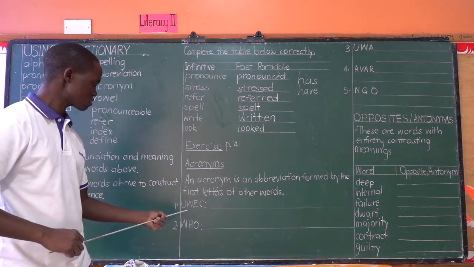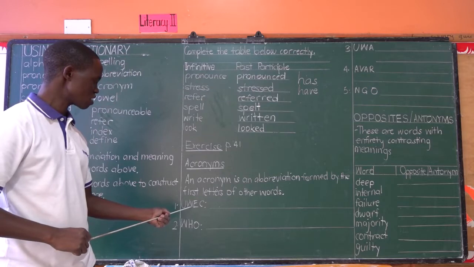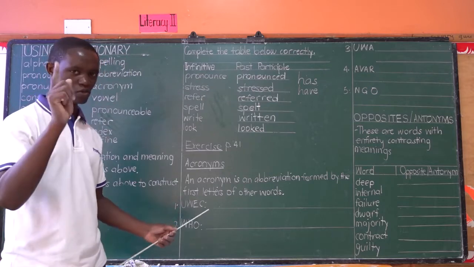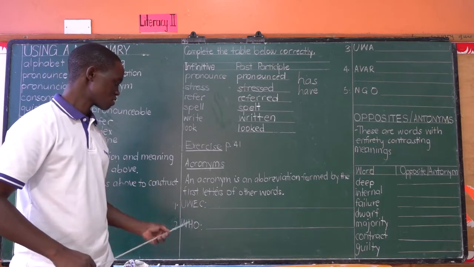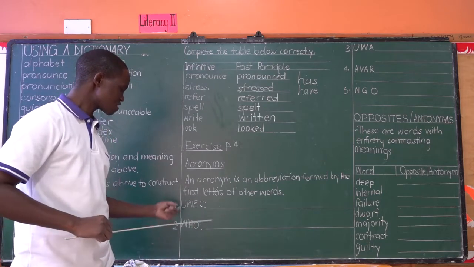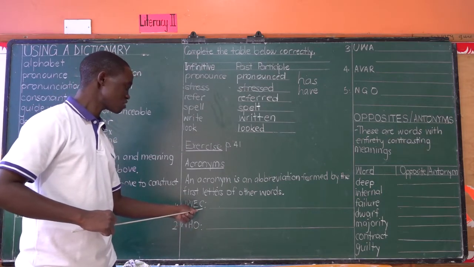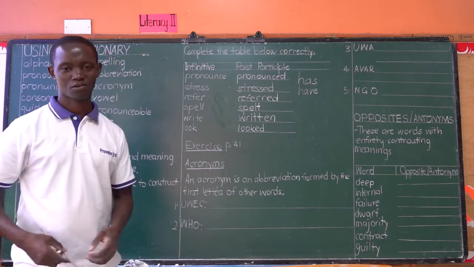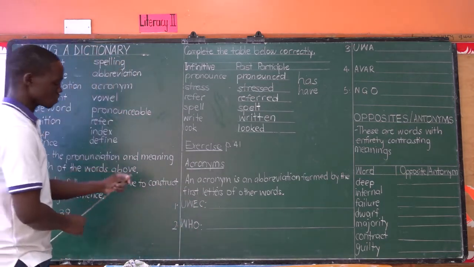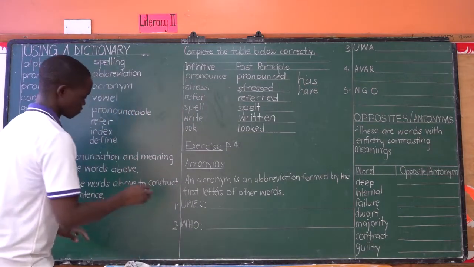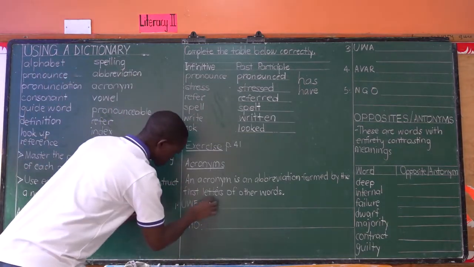Just like this, there are four letters, U, W, E, C, but we read them as a word, UWEC. Just reading them as a word, and each letter stands for a word, means it becomes an acronym. So we say, UWEC in full is, you may guess them as I write.